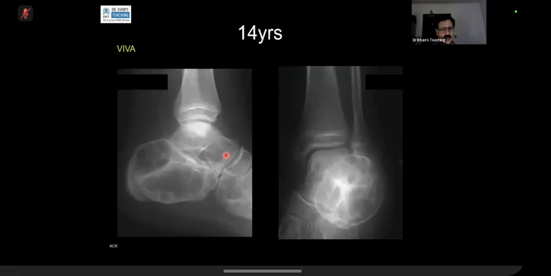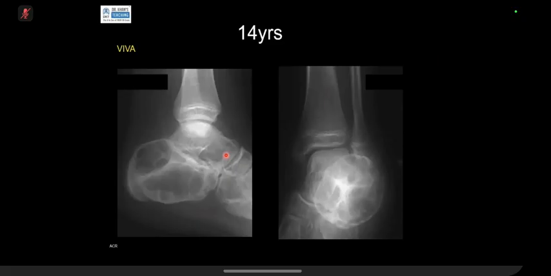Chondroblastoma will cause this expansile type of appearance. This is the fine touch of differential diagnosis. You have to tell me not just on your theoretical knowledge that it is because of epiphysis. You also have to correlate with the radiological features. So chondroblastoma will appear like this, expansile.